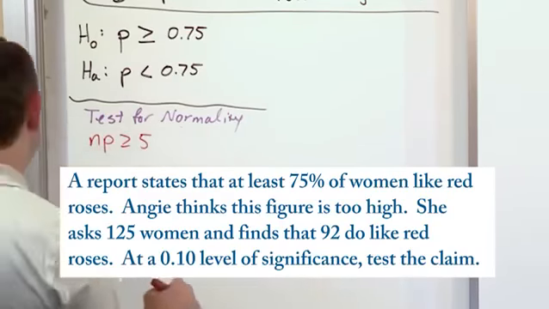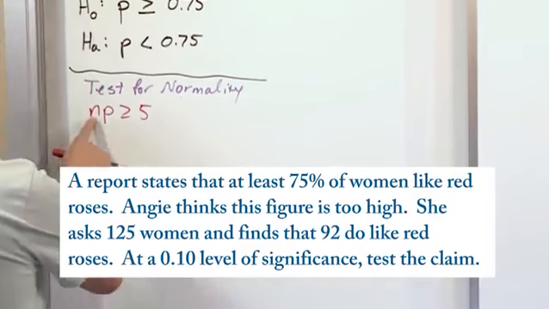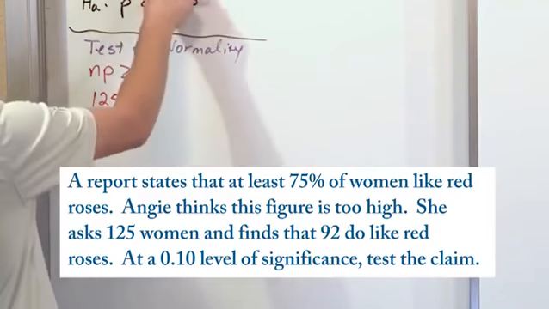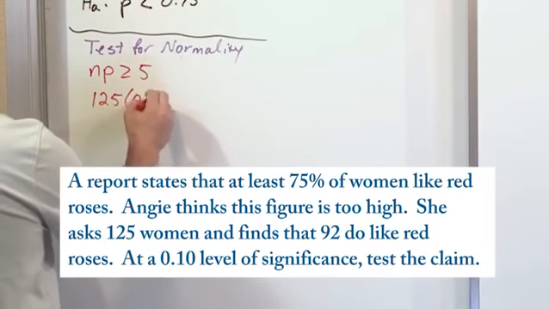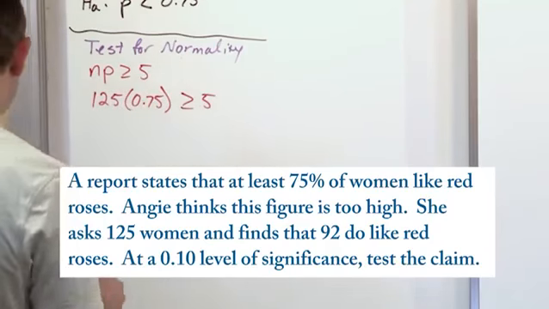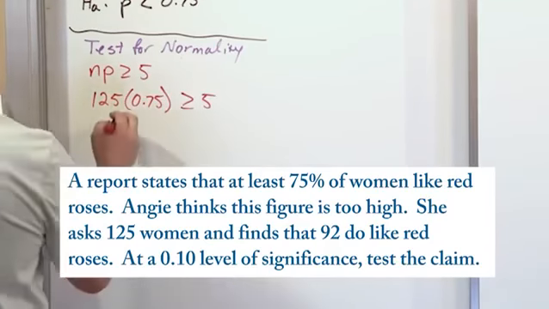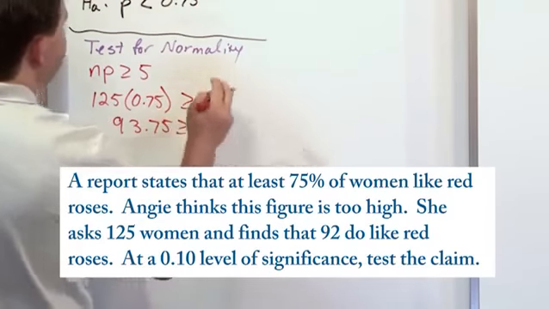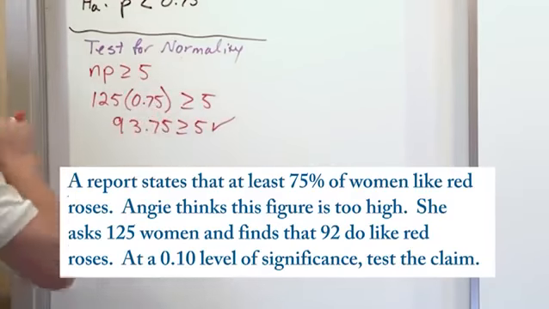Now in our particular problem, it says she asked 125 women. So n is 125 women. p comes from the null hypothesis, 0.75, greater than or equal to 5. And when you do this multiplication, 125 times 0.75, you get 93.75, greater than or equal to 5. So we put a check there and say, yes, this is true.